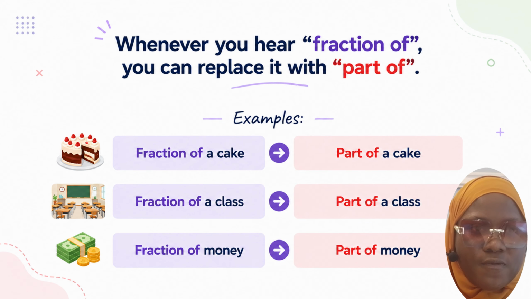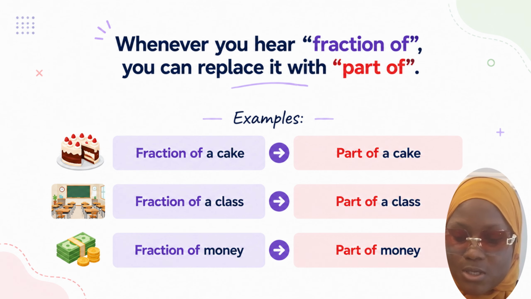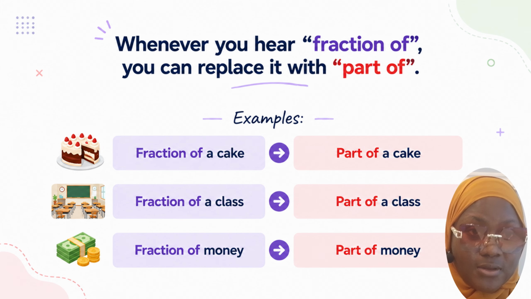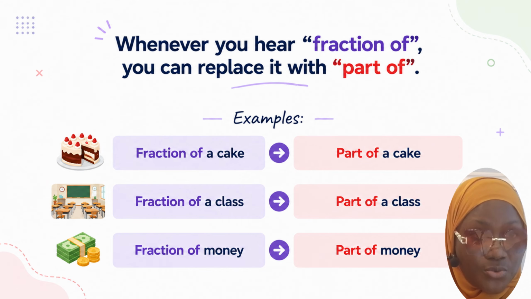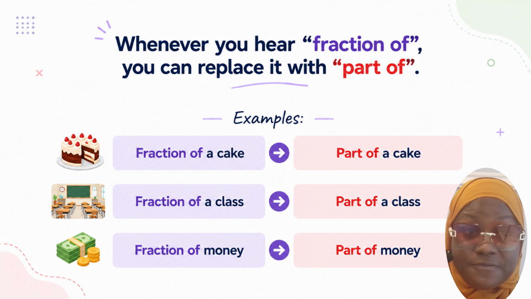So, wherever you hear fraction of, it can be replaced with part of. Example, we have fraction of a cake, which can be replaced with part of a cake. Fraction of a class, which can be replaced with part of a class. Fraction of money can be replaced with part of money.